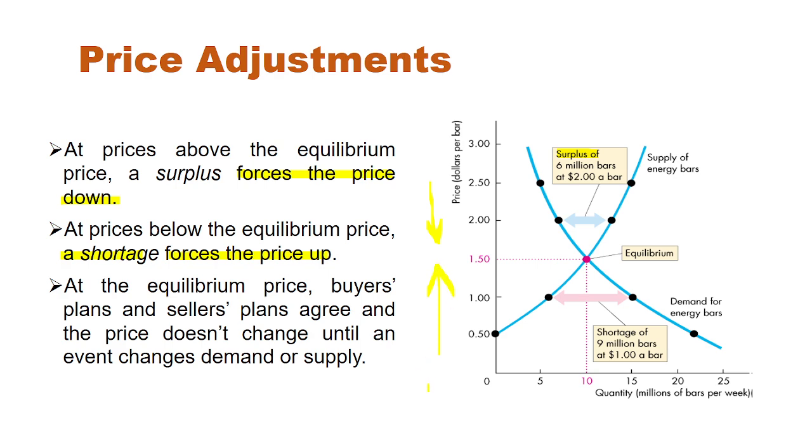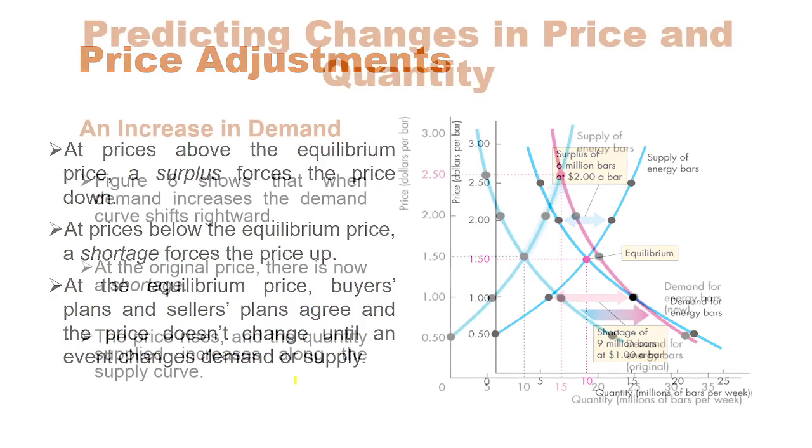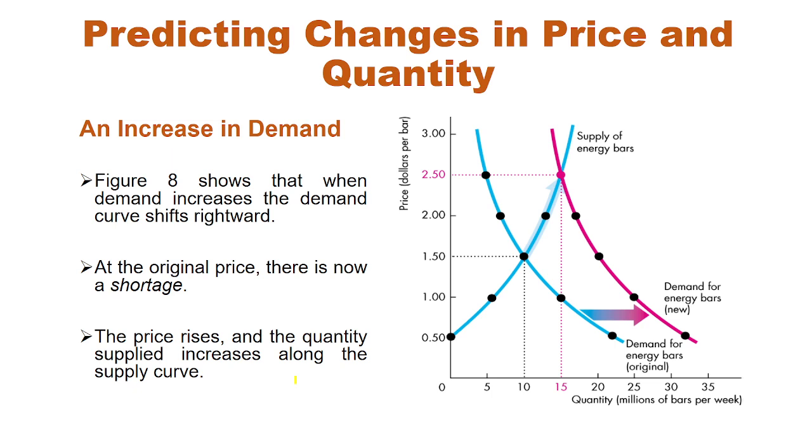So at the equilibrium price, buyers' plans and sellers' plans agree. The price doesn't change, unless demand or supply changes. So let's see together how to predict changes in price and quantity.